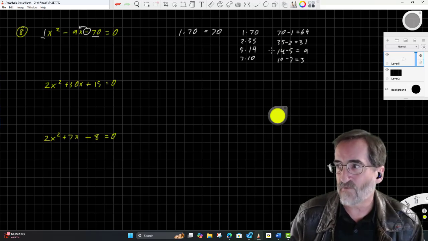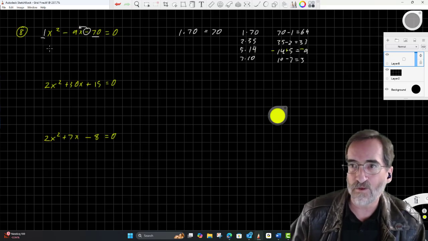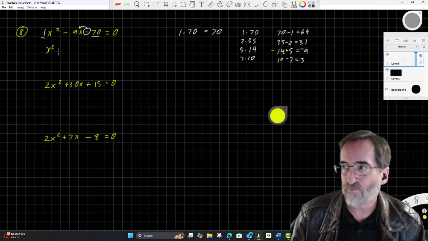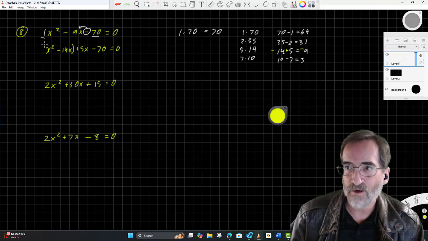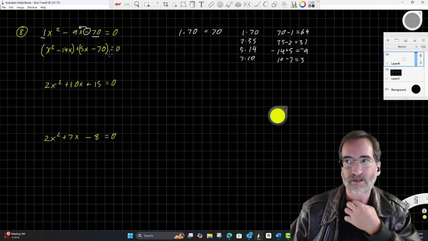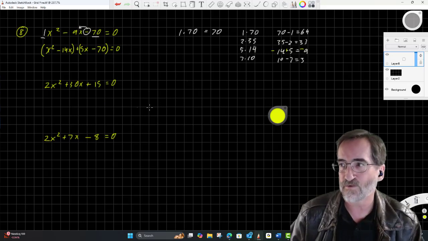Now we want negative 9, so we want negative 14 and positive 5 to make a negative 9. So it would look like this. X squared minus 14x plus 5x minus 70 equals 0. And then you would group and factor. We're not going to do that because it didn't ask for that. But this one works.